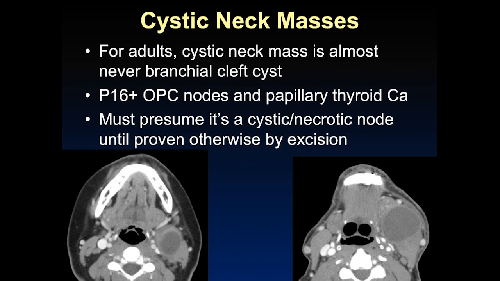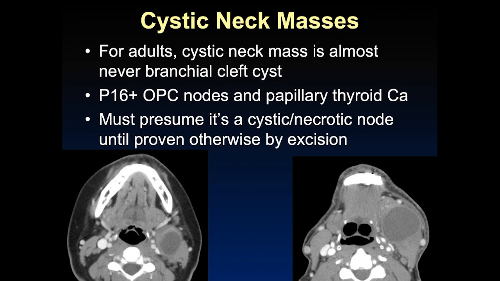So again, we must presume that a cystic neck mass in an adult is a necrotic nodal metastasis until it's proven otherwise by excision. Why do I say by excision? Is because these cystic nodes, when you try to biopsy them or aspirate them, often you may not get a good yield because you're going to end up with necrotic contents.